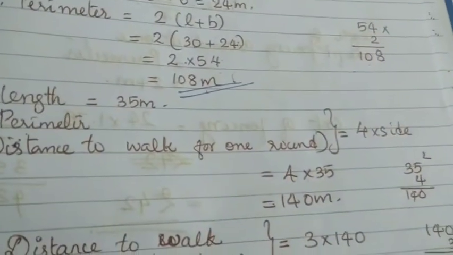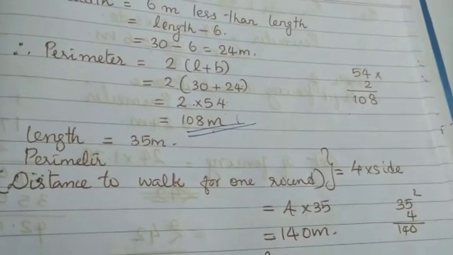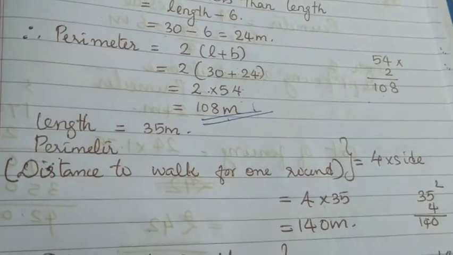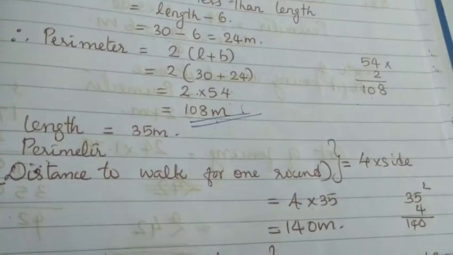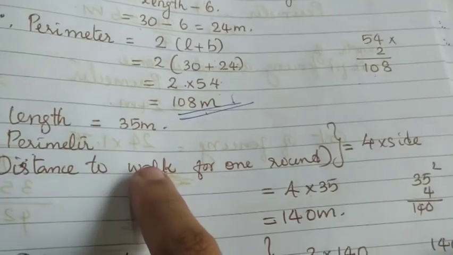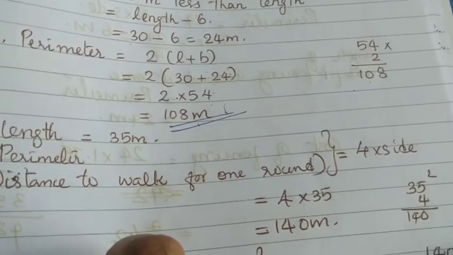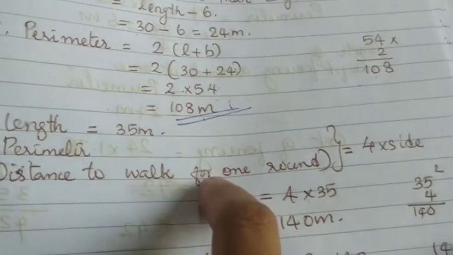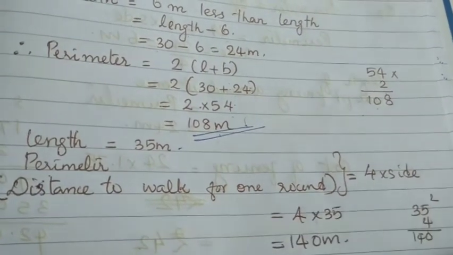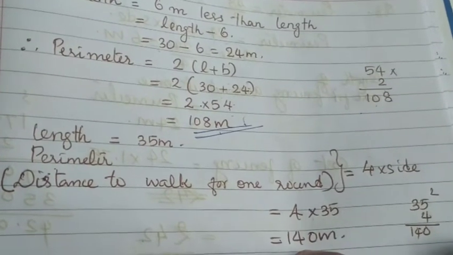First, by finding the perimeter, we get the distance he has to walk for one round. So perimeter, that means distance to walk one round, is 4 times the side. The side is 35 meters, so 4 into 35 is equal to 140 meters.